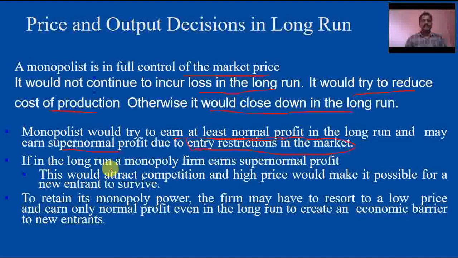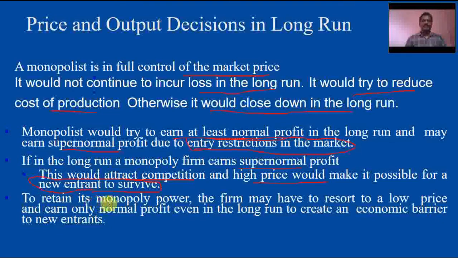If in the long run the monopoly earns supernormal profit, this will attract competition, and the high price makes it possible for new entrants to survive. It may lead to some new entrants, or government policy may interfere, because they are earning supernormal profit.